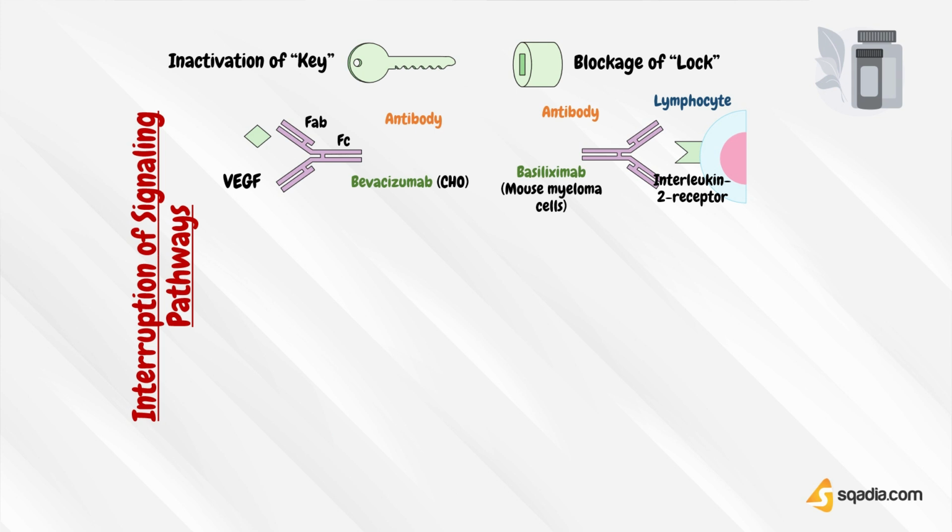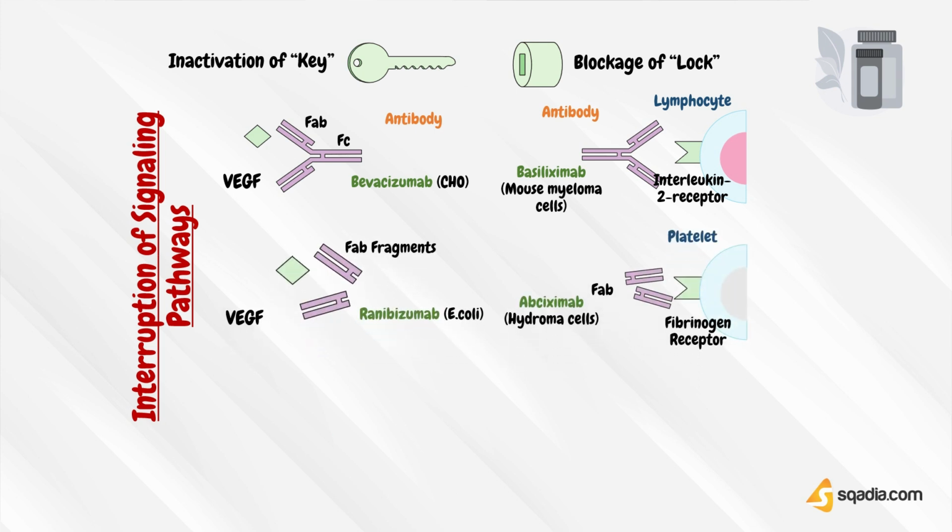One type of protein construct used for this purpose is artificial antibodies, such as bevacizumab. These are complete antibodies that are designed to specifically target and bind to the protein of interest, in this case vascular endothelial growth factor, thereby preventing its activity and inhibiting blood vessel proliferation.